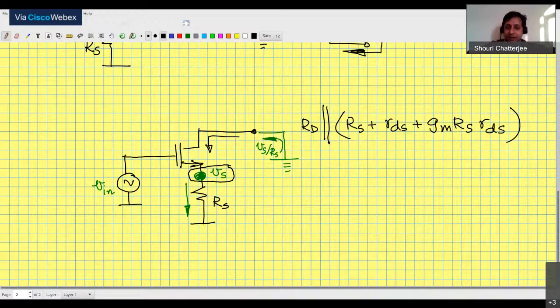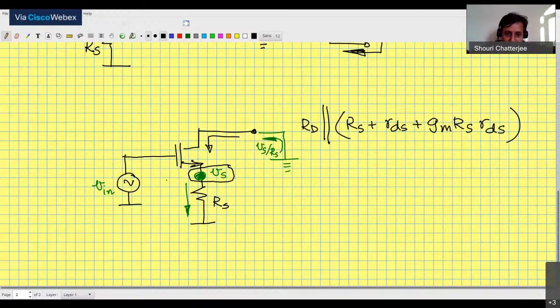All right. Now, how do you find out the voltage over here? In this sub problem, again, you find out the output impedance and the short circuit transconductance. How do you find out output impedance?